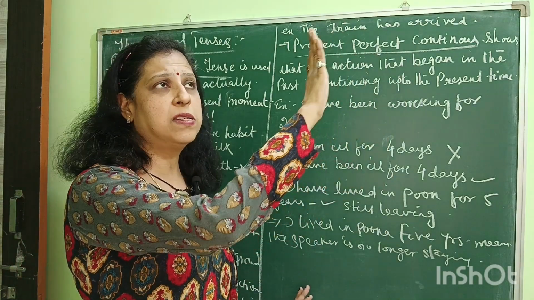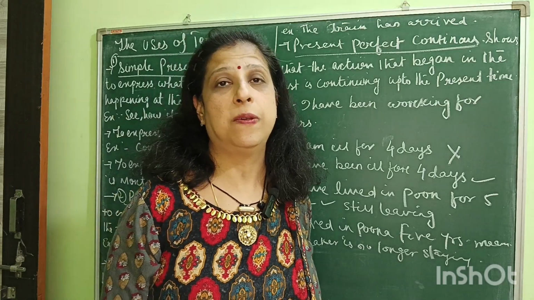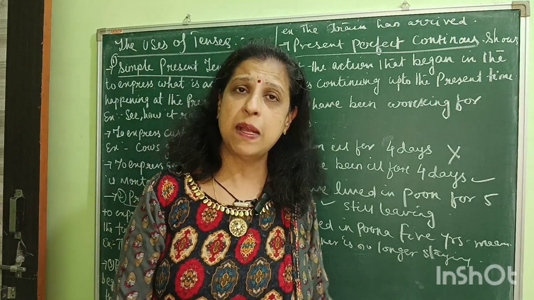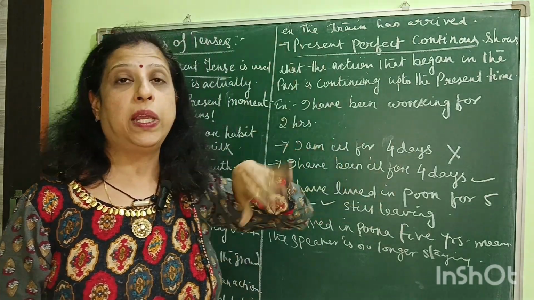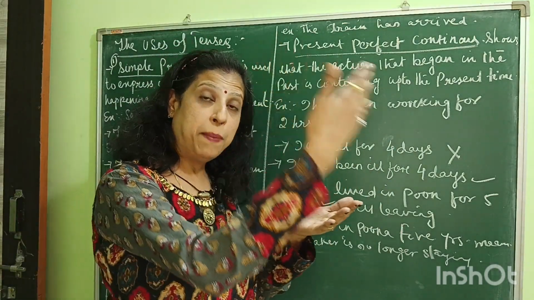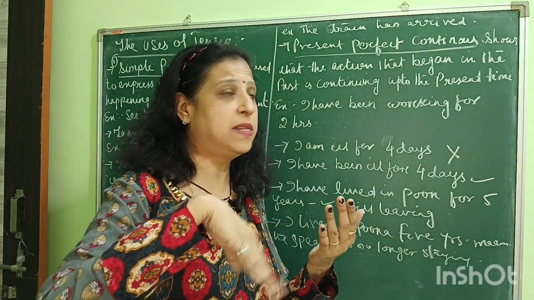The train started the previous night and now it is standing at the station. The action is completed. But in continuous, what is happening? It is going on. It has begun in the past and it is continuing up to the present time.